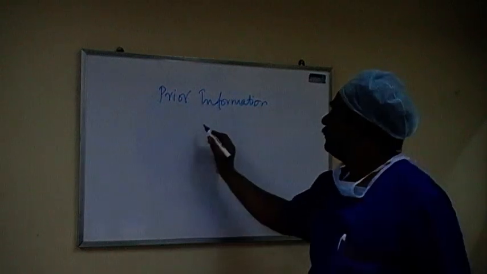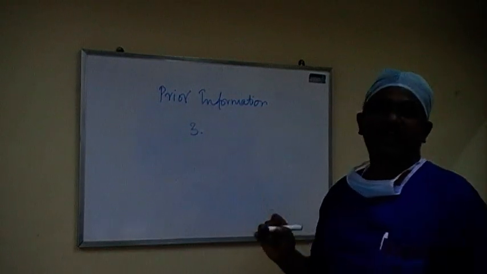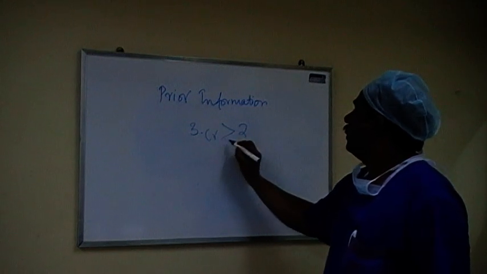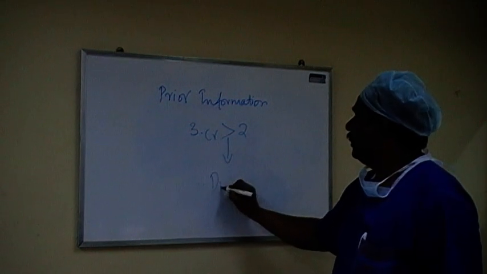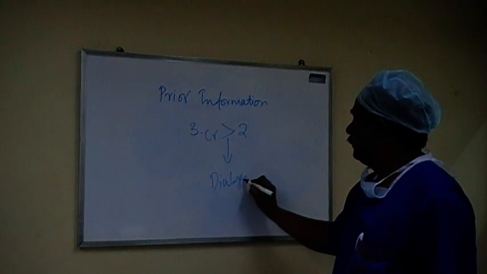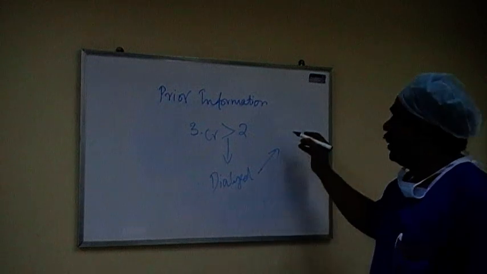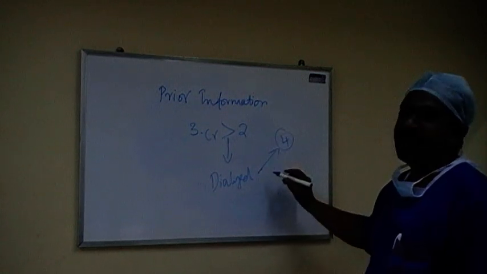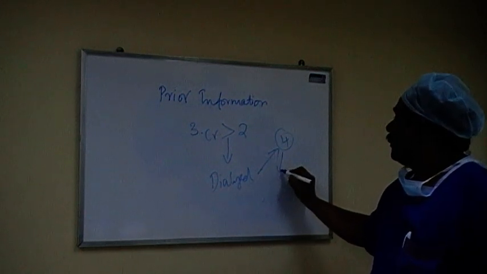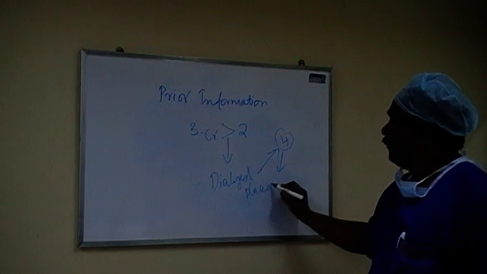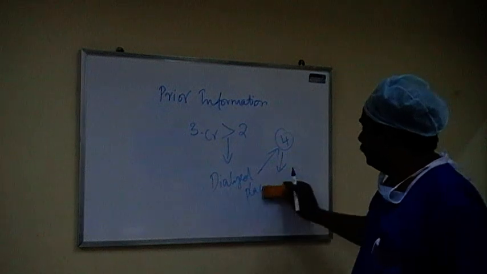Some patients whose creatinine is elevated, more than 2, might be dialyzed in the unit. So you should take that patient in bed number 4, which has the place where the patient can be dialyzed.